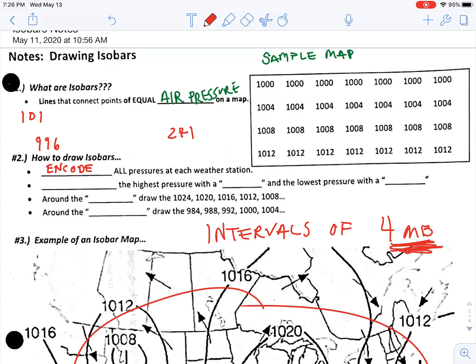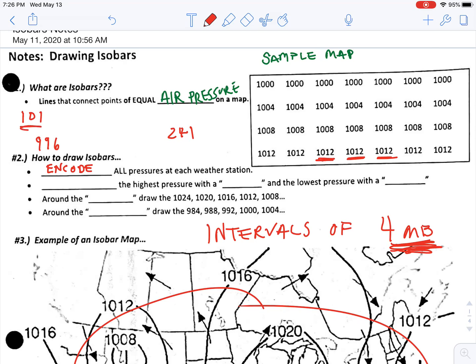And they're not going to be in these intervals of thousands, right? You're going to see them and it looks like a number, okay? Our job is to encode these numbers and decide what their actual air pressure is.